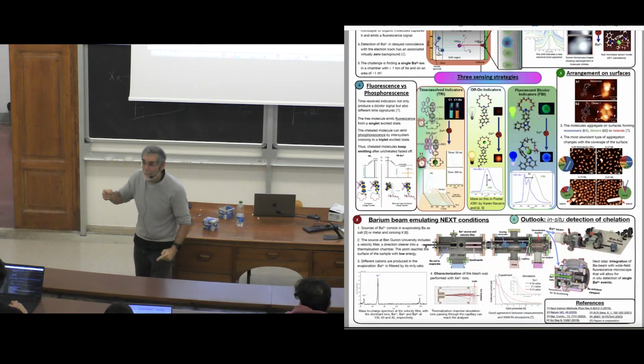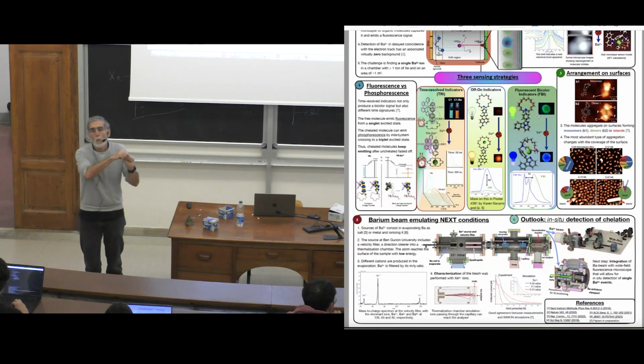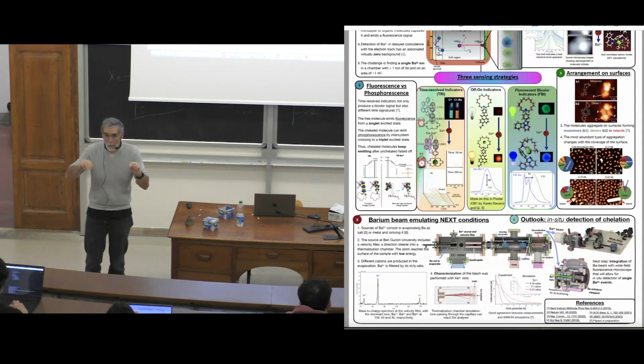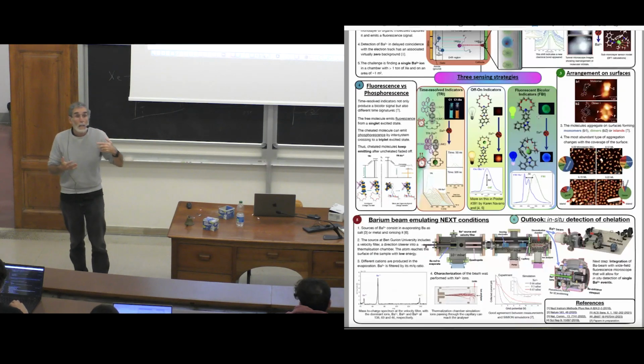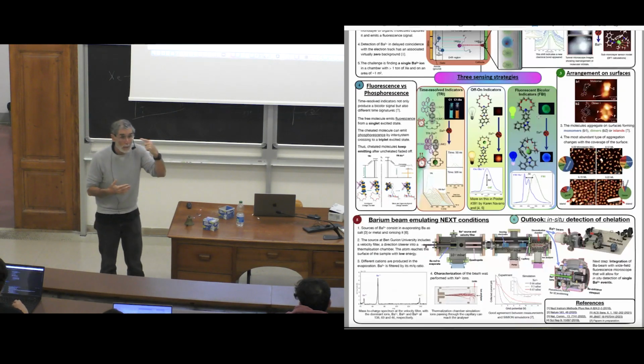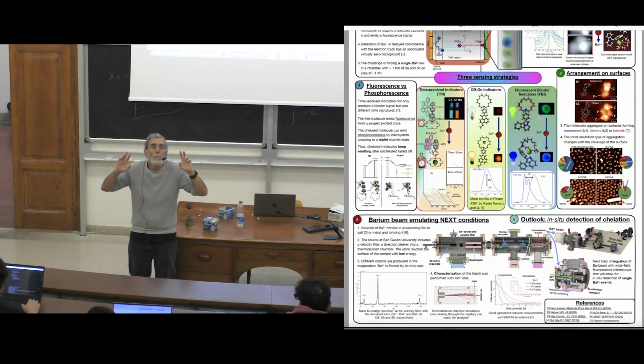Then you eject it in the needle, and then you have a couple of ways of detecting that. So either you evaporate the gas from the needle with a hot gas, and then you bring it to a Paul trap, and you use lasers to see the barium signal. This is very well known. The barium signal in a Paul trap by resonant laser excitation is kind of very easy.